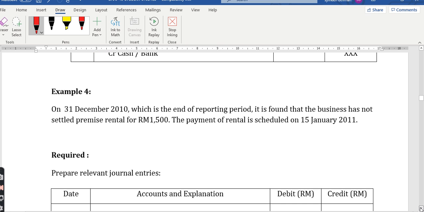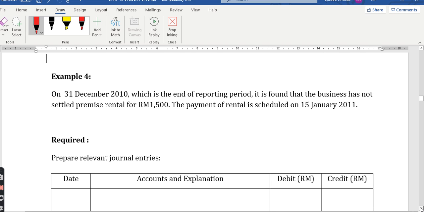On 31st December 2010, at the end of the reporting period, it is found that the business has not settled the premise rental. So this is the expense for the current year, for the year 2010. But since no payment has been made yet, we haven't recorded any premise rental expense.